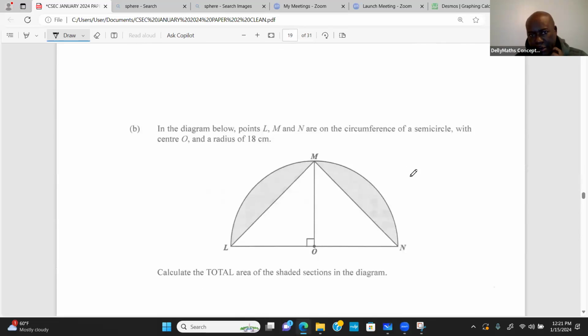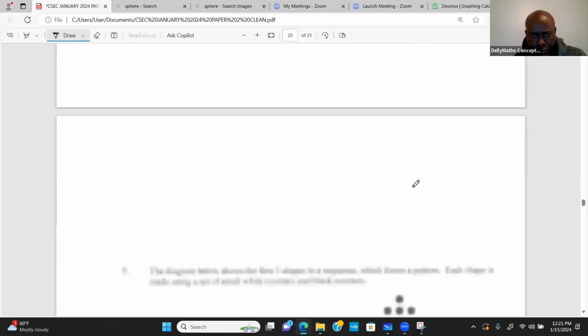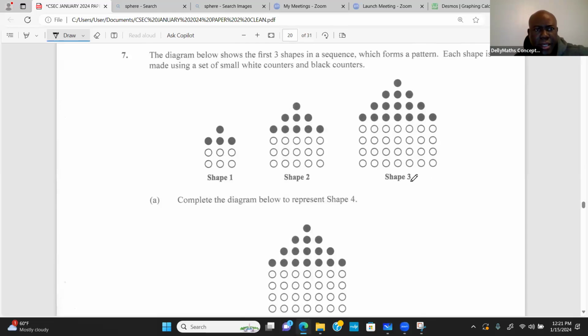All right, let's see what else. It says the diagram below shows the first three shapes in a sequence which forms a pattern and so on. So we want to complete the fourth one, but we have to take a quick look at what's going on.